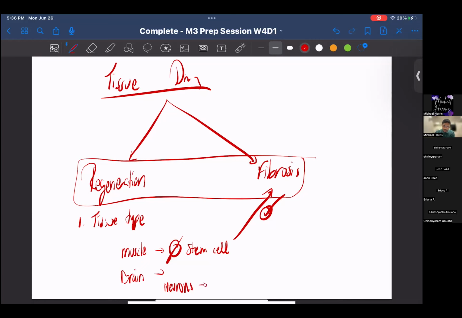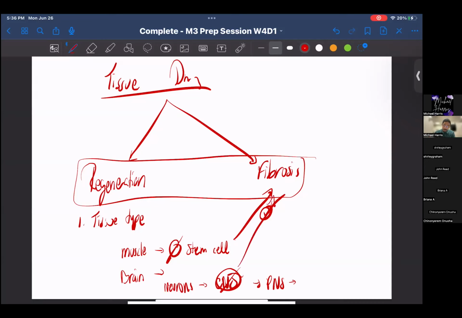No, CNS neurons are not. You're thinking of the peripheral nervous system. Peripheral nervous system, I would say yes, because they have the ability to regenerate with the axons, right? But central nervous system, no, they don't regenerate. So that's why you'd undergo fibrosis.